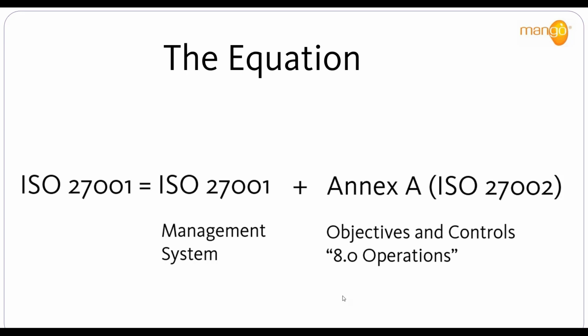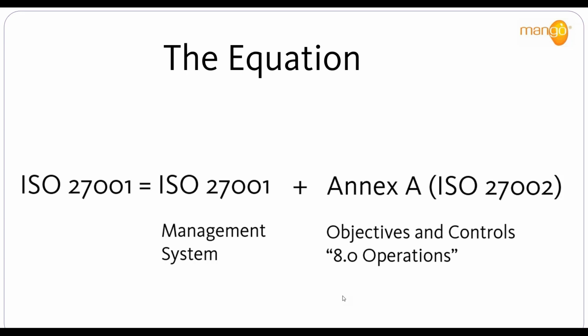It's an annex, but it's also called, strangely, I'm not sure why, someone will tell me, ISO 27002. Inside of the management system, we'll go through this in detail later, is the standard ISO Annex SL arrangement, but then all of the objectives and the controls and the section 8.0, which is the operations, all of that sort of stuff is in the Annex A.